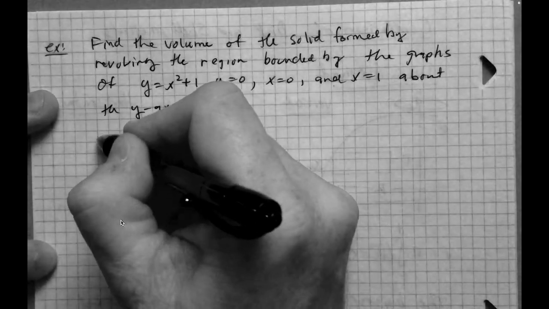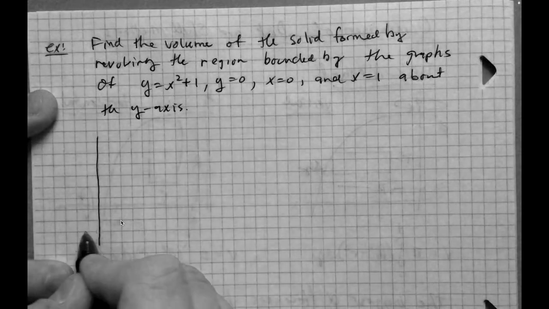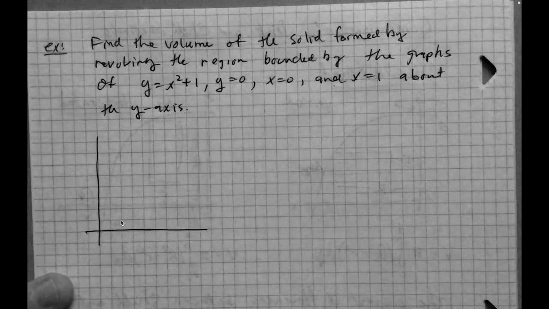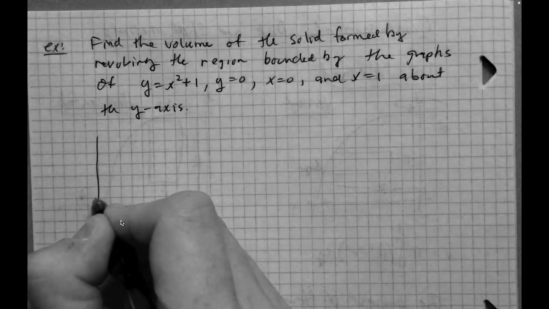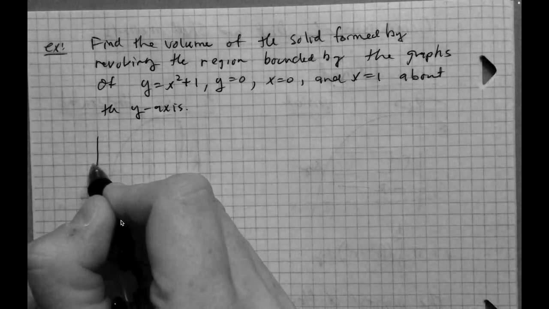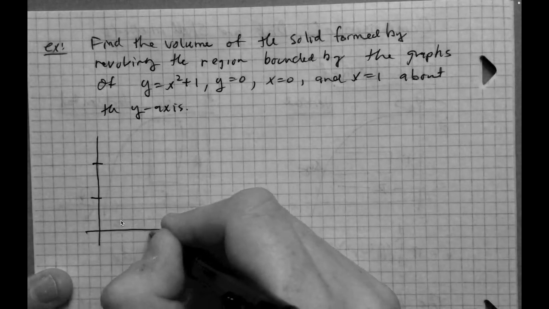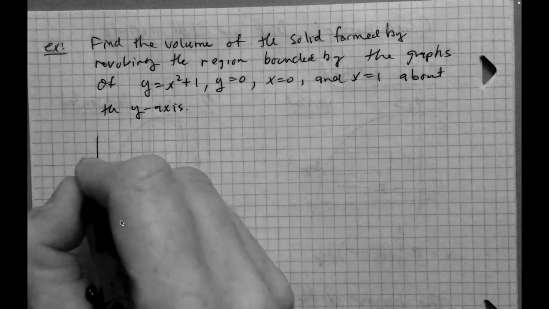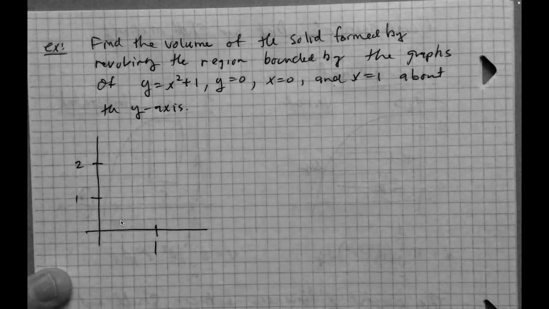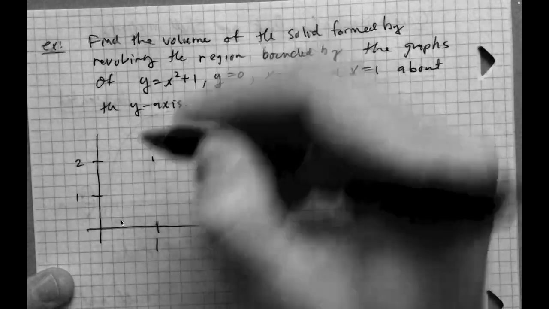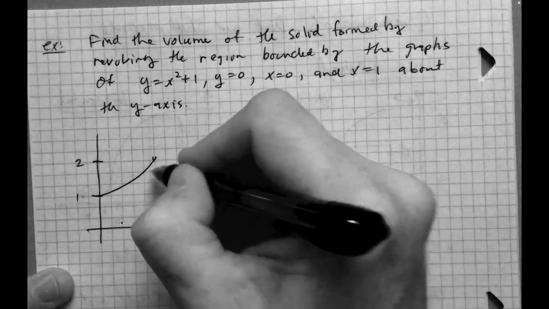Let's plot this. Let's figure out what this region looks like. Okay, so we've got y equals x squared plus 1. If this is 1, and that is 2, and let's blow it out a little bit on the x-axis, then this is going to look like this.